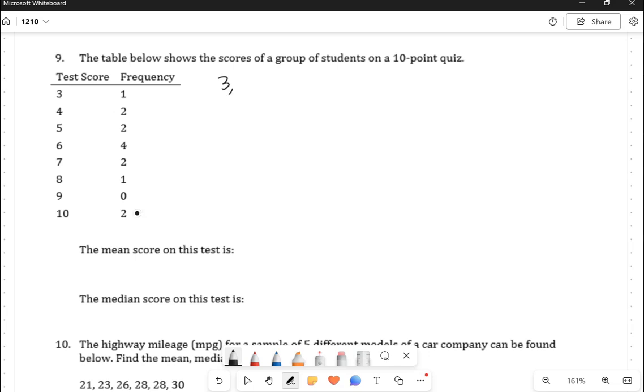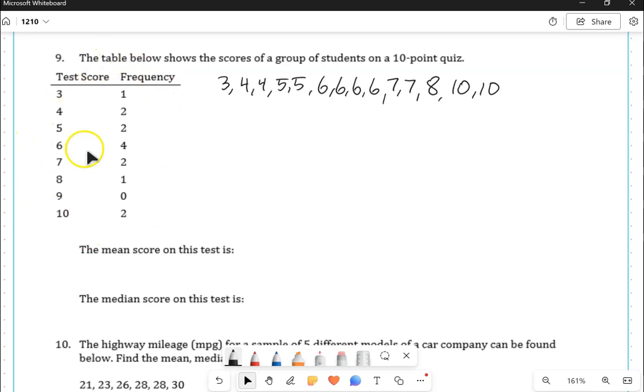A test score 4 shows up twice. So the test score of 5 shows up 2 times. 6 is 4 times. 7 is twice. 8 is once. There actually is no 9. And 10 shows up twice.